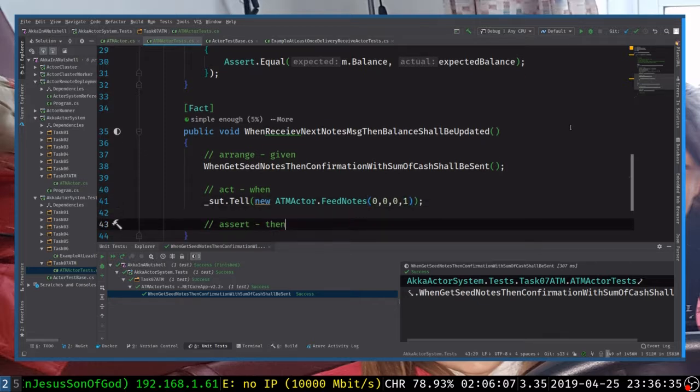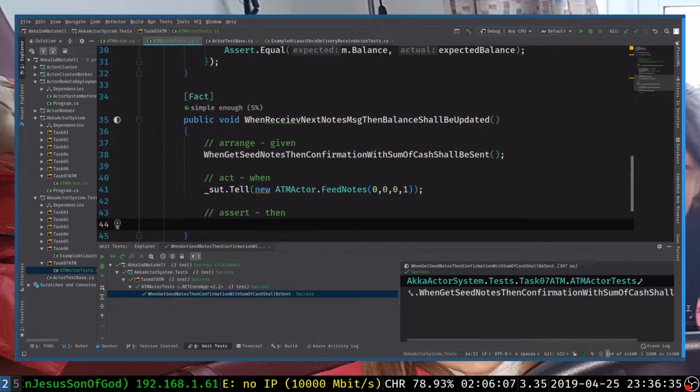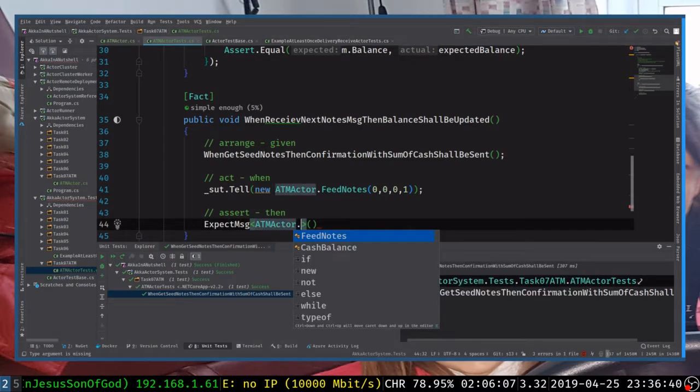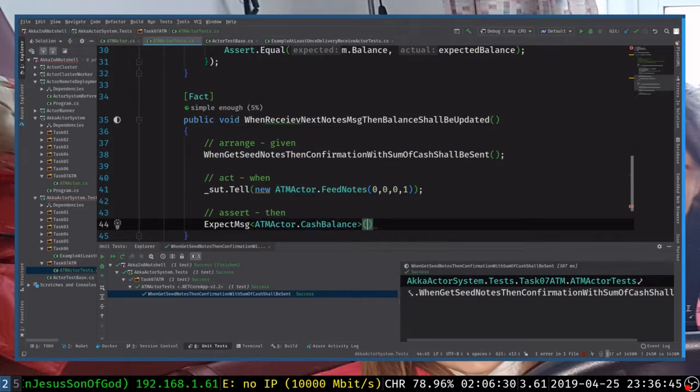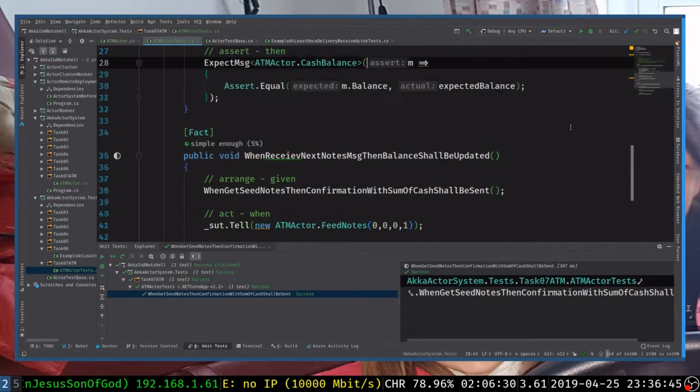Okay, so then we should expect the message, and this is ATM actor cash balance.